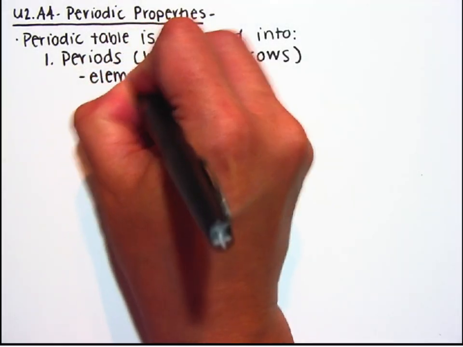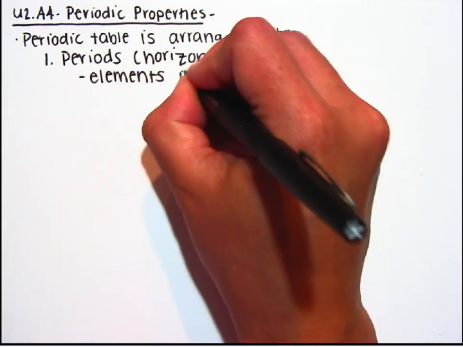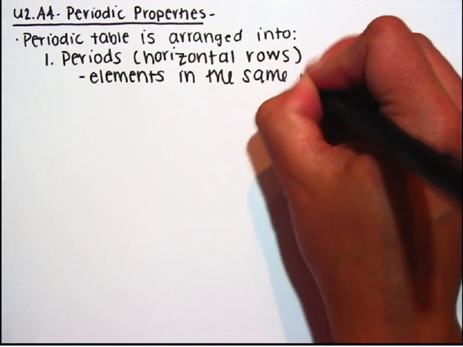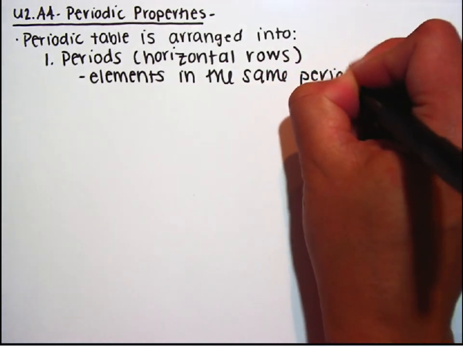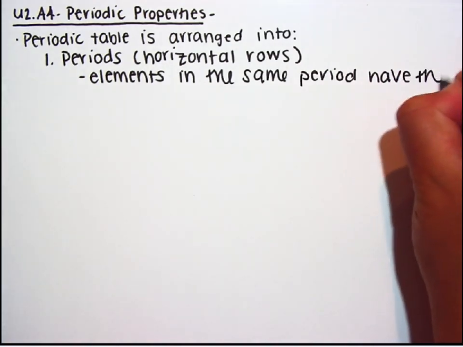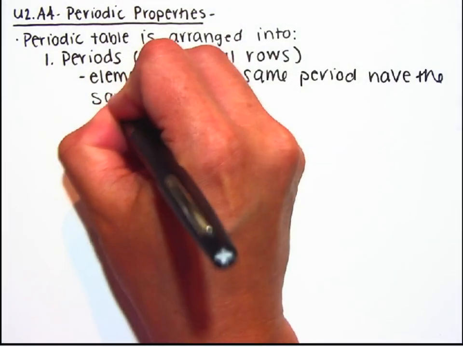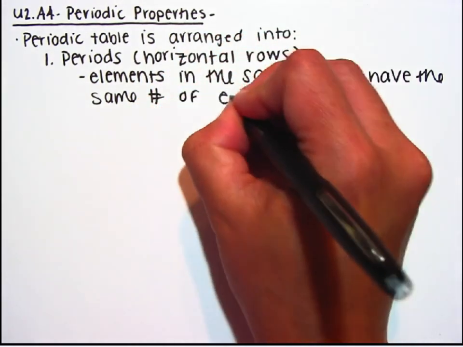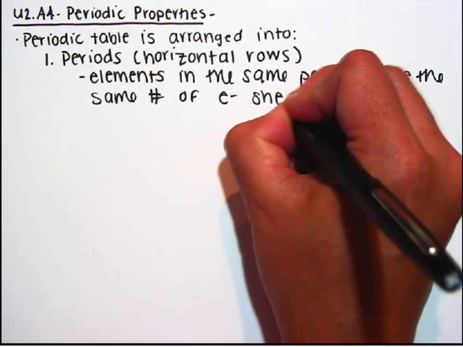Elements in the same period have the same number of electron shells.